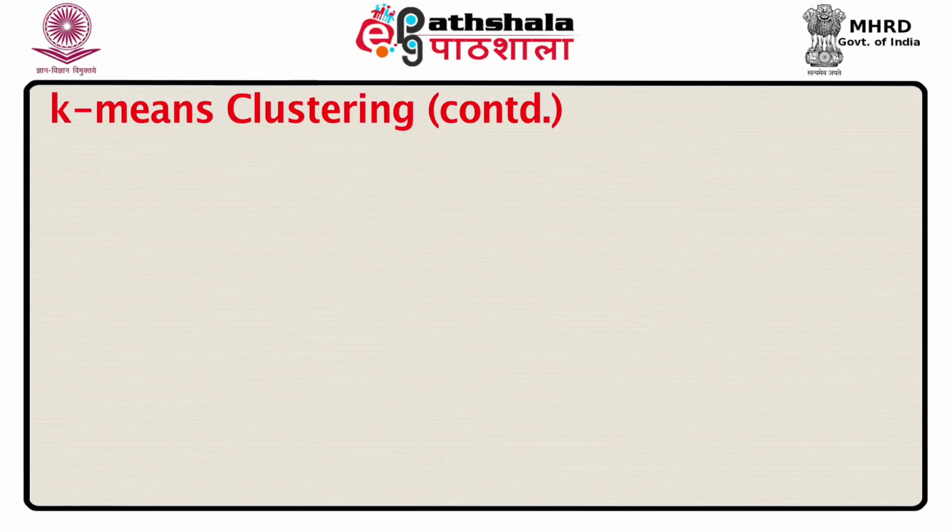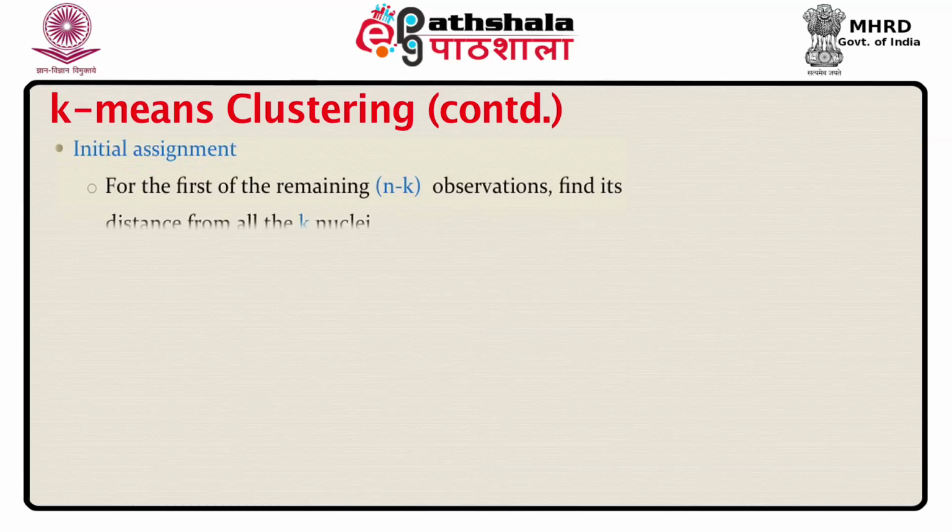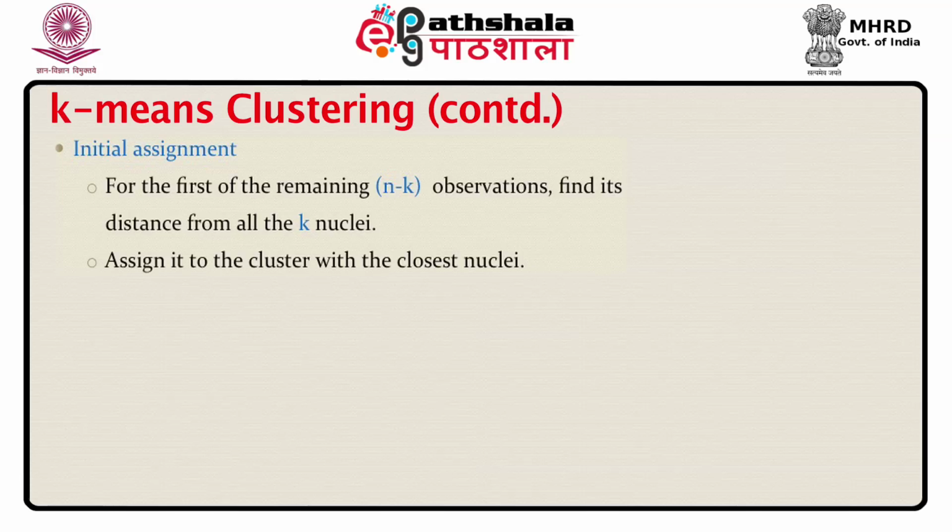So once having chosen the nuclei, we have k clusters defined. Now what we do is, we have n minus k remaining observations. We find the distance of the k nuclei from each of these n minus k remaining observations. Now look at any one of the n minus k observations.